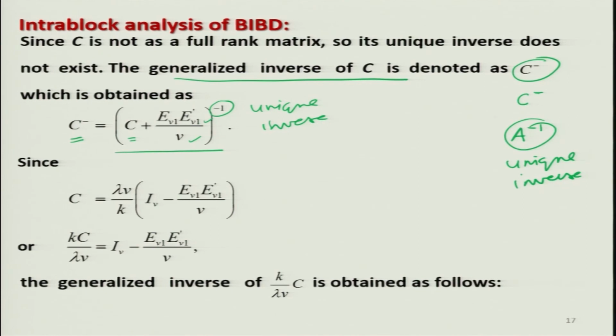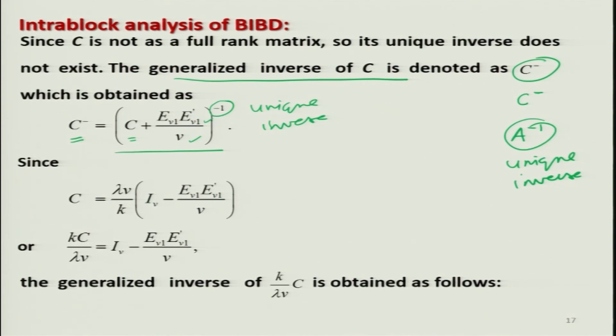You need to have a good revision from your linear estimation of how the Moore-Penrose inverse is defined. This Moore-Penrose inverse is also a generalized inverse, but the only good quality with it is that it is a unique inverse, because other generalized inverses may not be unique.